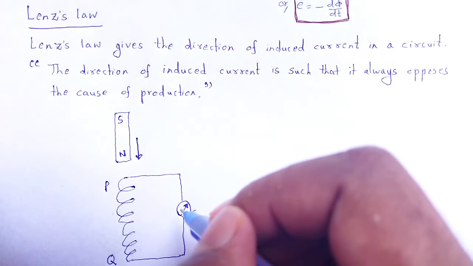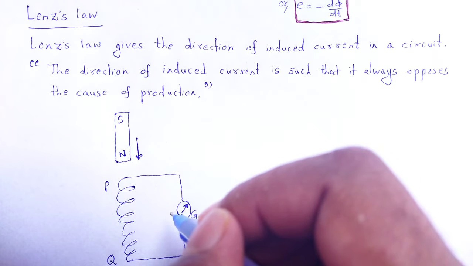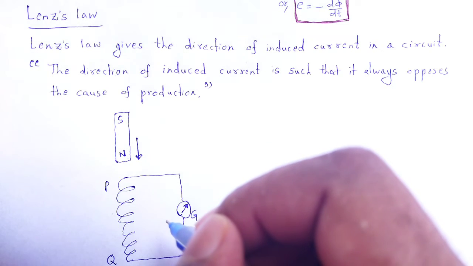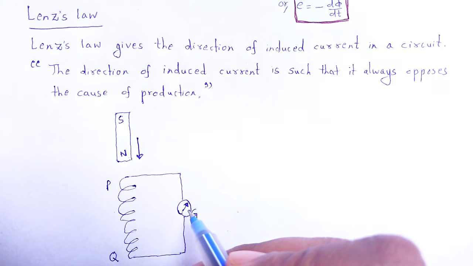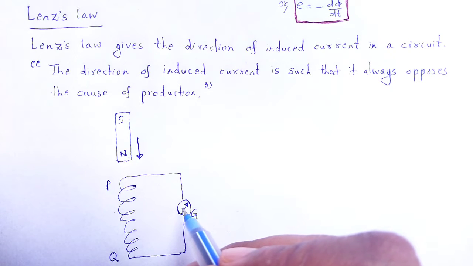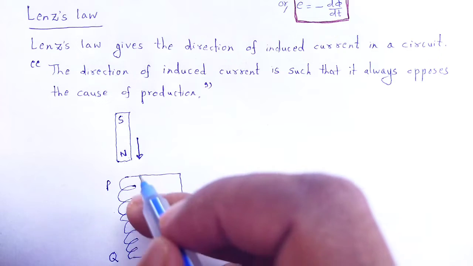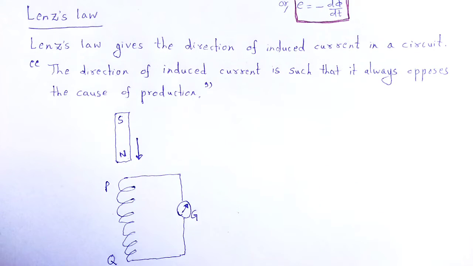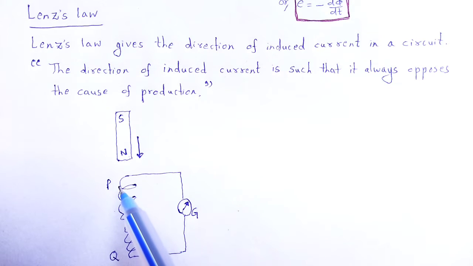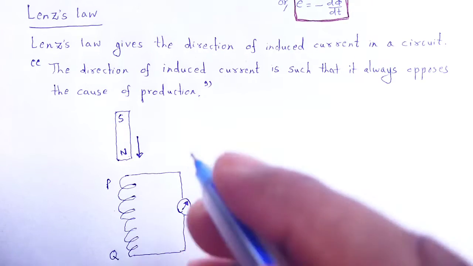Here the galvanometer shows a sudden deflection to the right of 0, means an induced EMF or induced current is produced. This means that the upper end P of the solenoid acquires a north polarity.